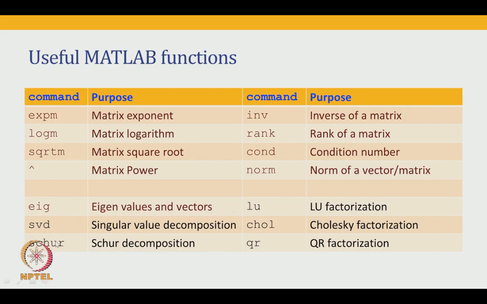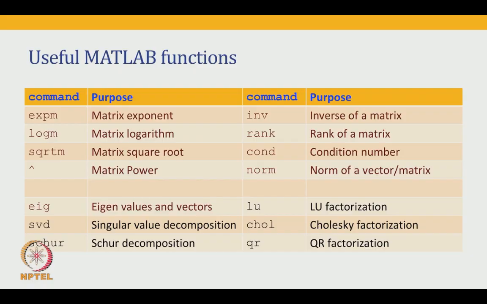These are something that a lot of engineers use quite a bit, and I have put them in this table just for the sake of completeness. LU decomposition is something that we are going to cover in the 4th lecture of this module. Okay. However, you do not have to worry about the remaining things, singular value decomposition or Schur decomposition or Cholesky factorization and so on, for the purpose of this course.